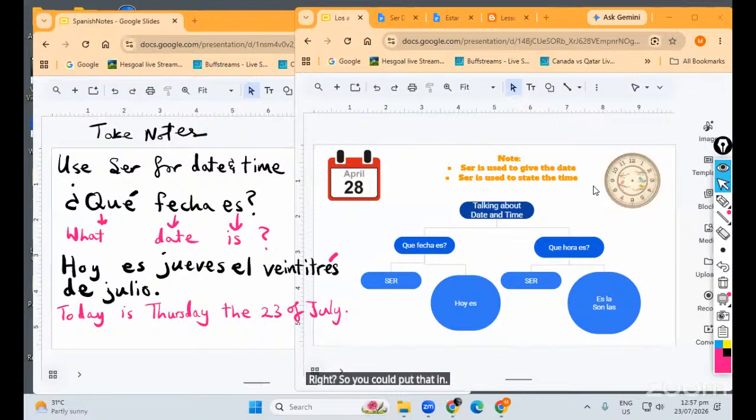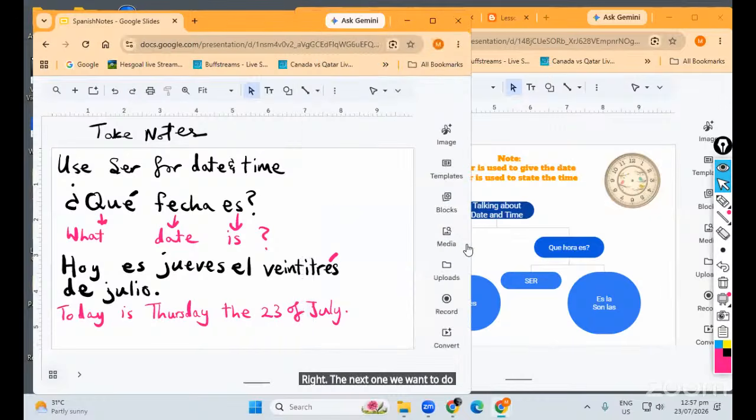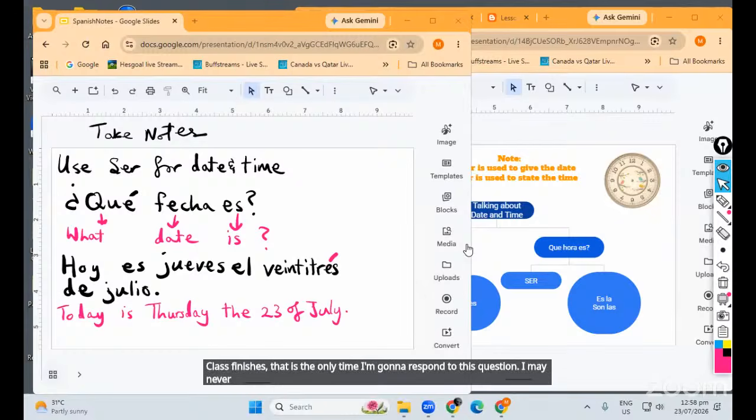The next expression we want to say is the time. Class finishes at 1:15. This is the only time I'm going to respond to this question, I may never respond to it again, so make a mental note.